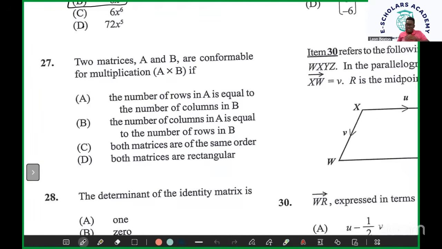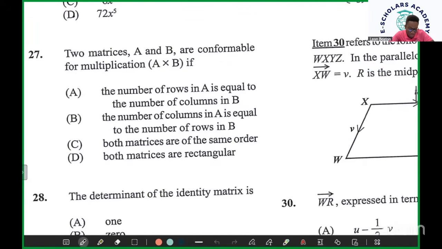Two matrices A and B are conformable for multiplication if... conformable means another word for compatible. So this is row by column.